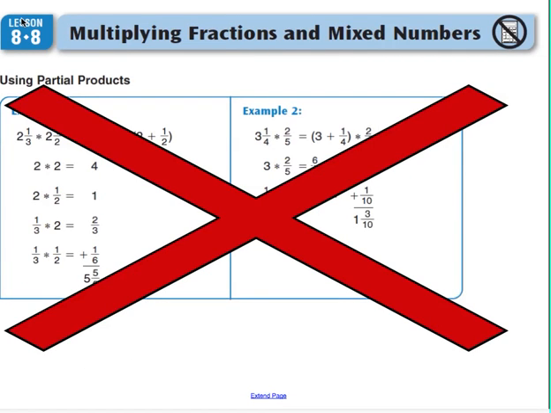Now, the next part of your assignment sheet is going to tell you to do the practice problems on page 273. You can go ahead and look at the top of that page. Now I want to point out something. At the top of the page, it shows you two different ways to multiply fractions and mixed numbers. I want you to cross off the one that says using partial products.